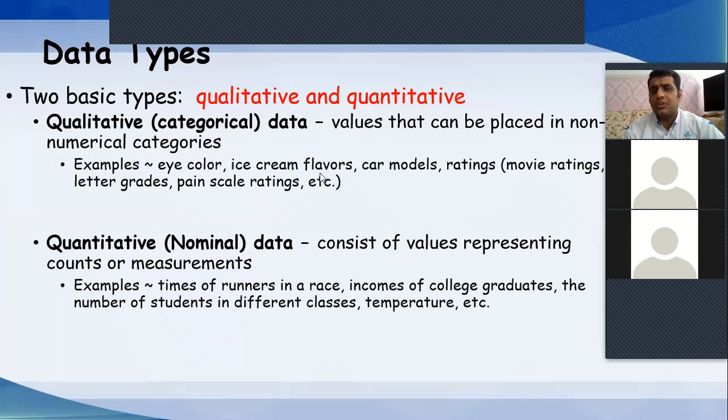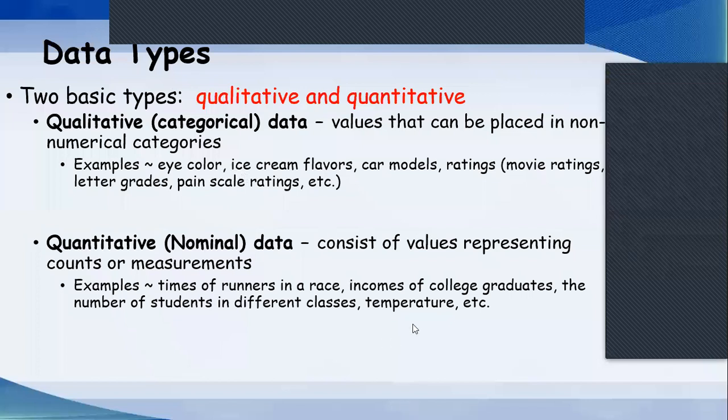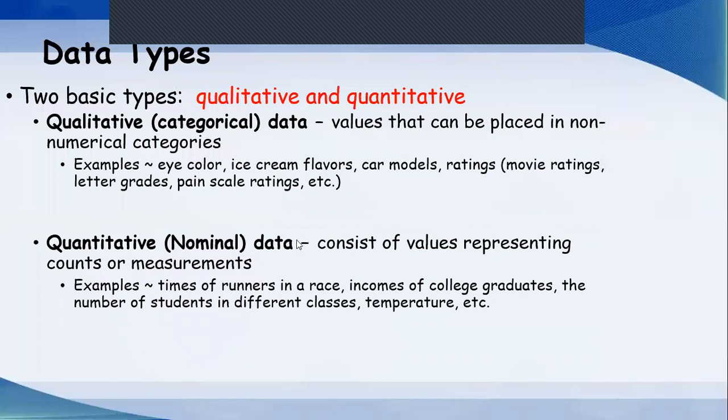Ice cream flavors, we only have a few flavors, that also is qualitative data. Car models, and then movie rating, good or bad. Then the pain scale: sometimes we ask the patient how much pain they have, a very strong pain or not strong pain. Sometimes we have a scale from 0 to 10. So we ask the respondent to respond accordingly.